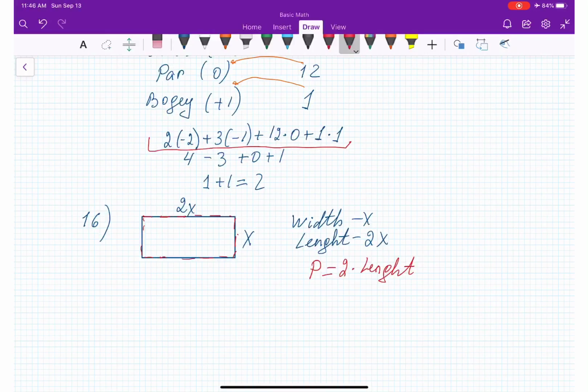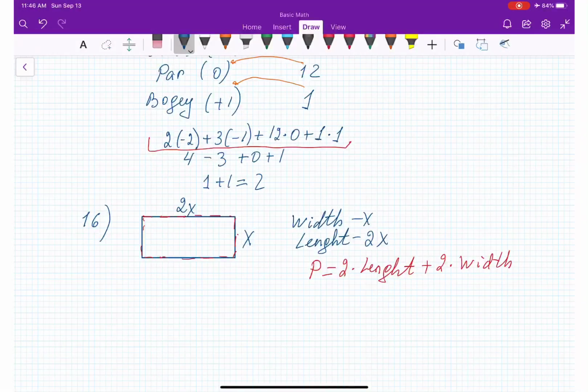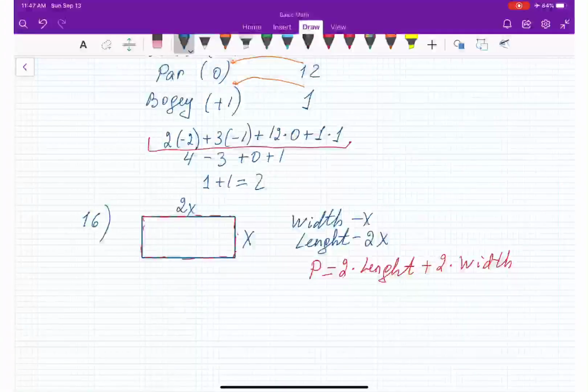Yes? So the perimeter is going to be equal, and it's given that the table is measured 4.5 feet by 9 feet.